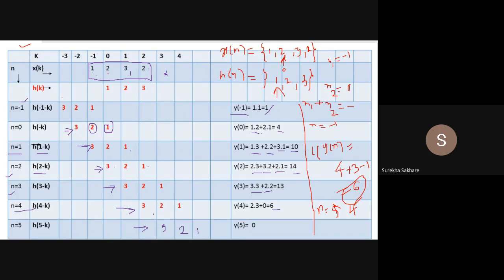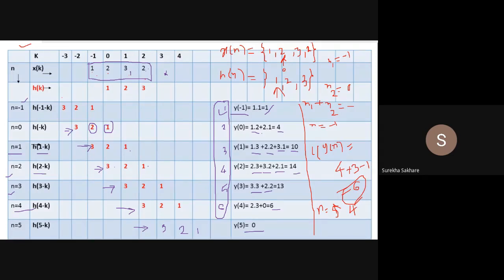So this is the position where you get a value of zero. The y of 5 is equal to 0. So just see, this is the first sample, this is the second, 3, 4, 5 and 6. So the length of samples we obtained in our y of n is equal to 6. The starting point we also obtained as -1. So whatever prior estimations we had done is all clear. So the length of convolution is 6.